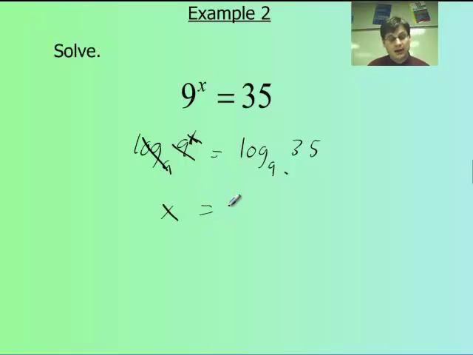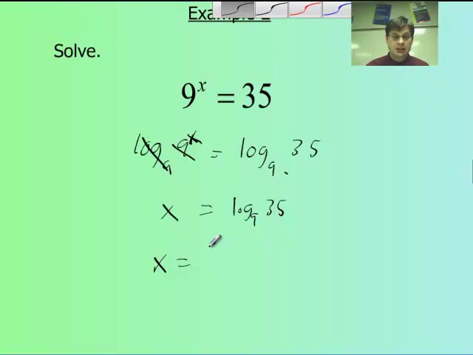So when I evaluate that, we're left with x is equal to log base 9 of 35. And I just have to evaluate that and I'll get x. If I don't have a calculator that can do that, I can use the change of base formula.